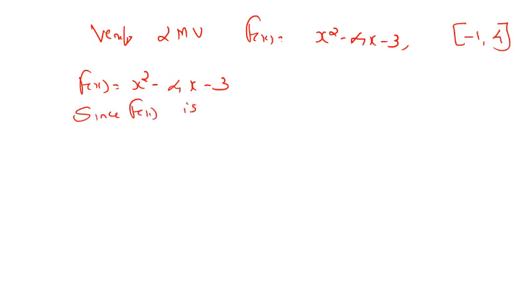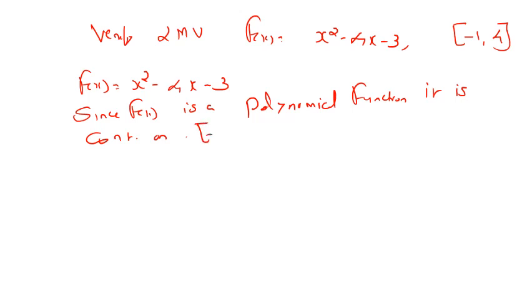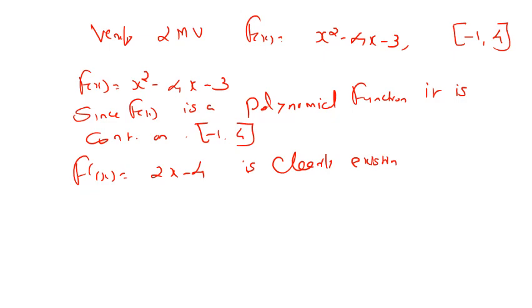Since f of x is a polynomial function, it is continuous on closed interval minus 1 to 4. Now what is f dash x? 2x minus 4. This 2x minus 4 clearly exists on open interval minus 1 to 4.